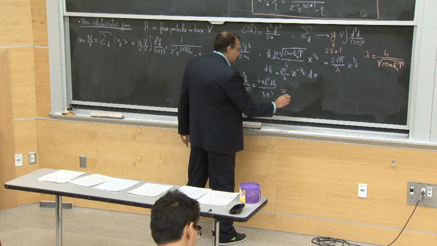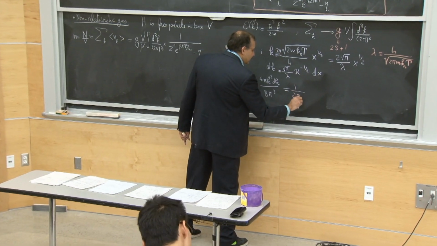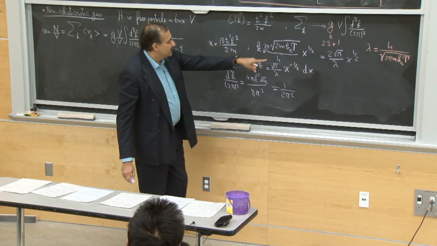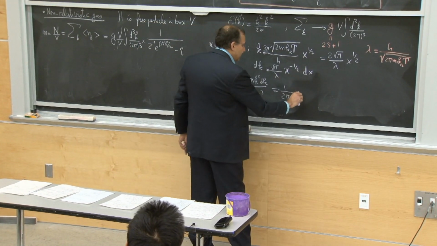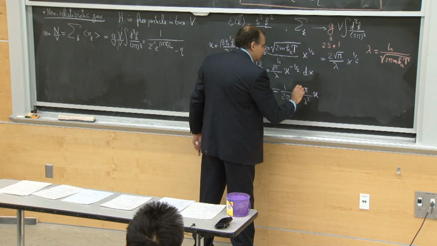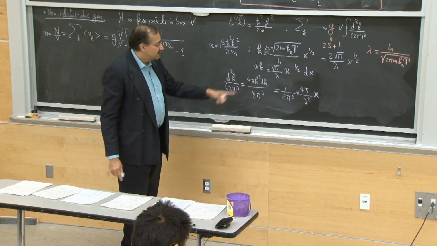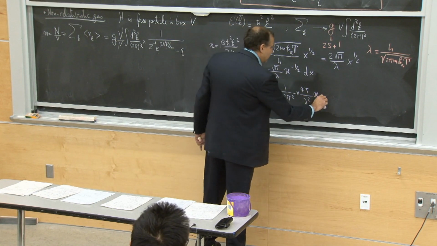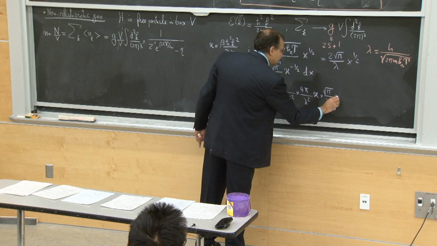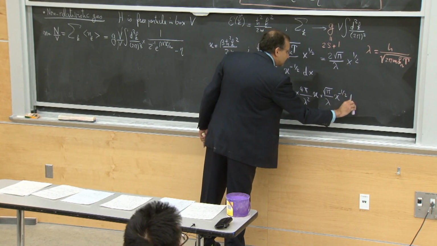So I will have a 1 over 2 pi squared from this division. k squared is simply 4 pi over lambda squared x. This is k squared. dk is root pi over lambda x to the minus 1/2 dx.